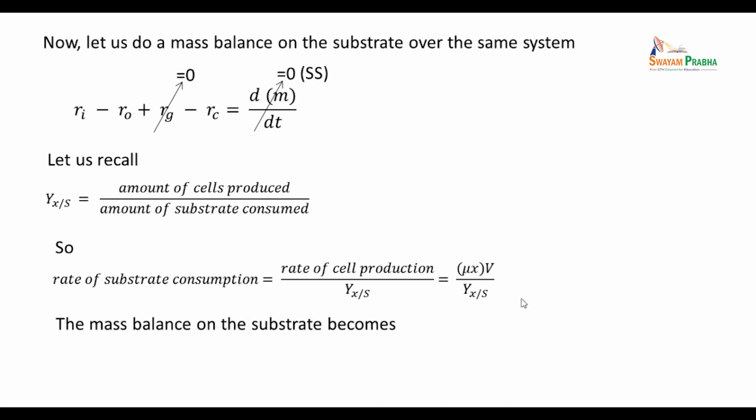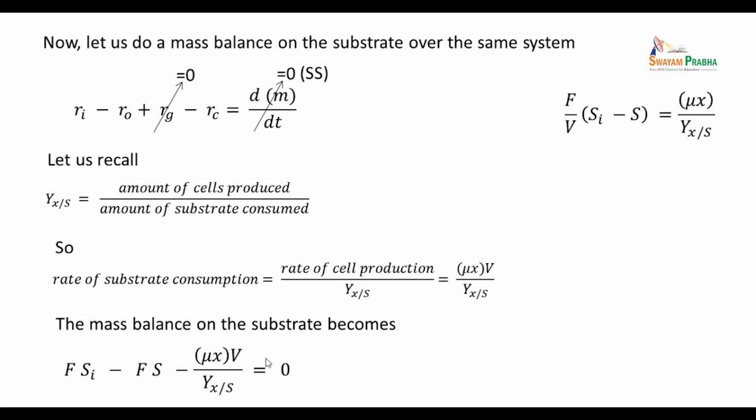So the mass balance on the substrate becomes: the input is F times Si. From the total mass balance, we derived that Fi equals Fo, say F. So F times Si minus F times S in the outlet minus mu xV divided by Yx/s equals 0. If we consolidate the terms appropriately, F into (Si minus S) is mu xV by Yx/s.